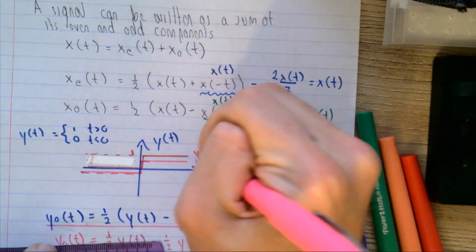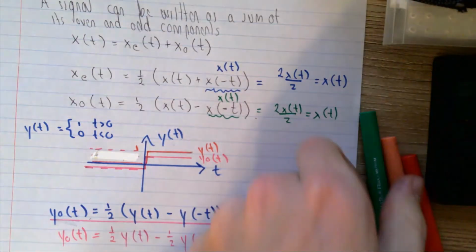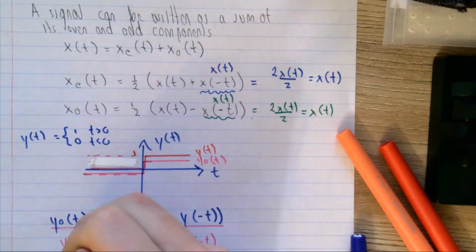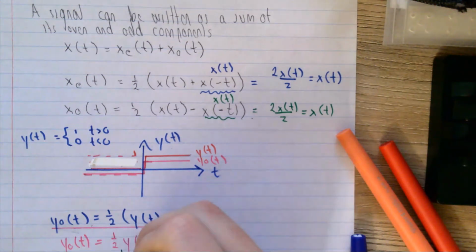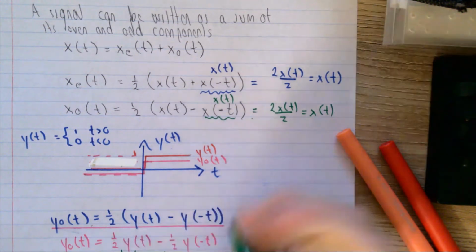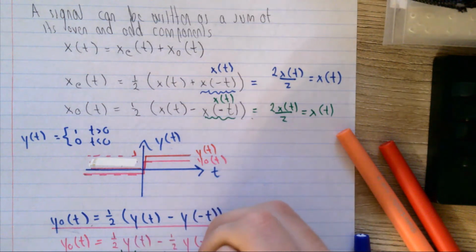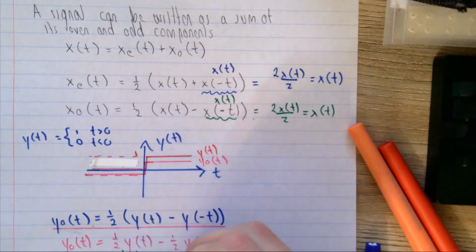Now let's do the even part of the signal. So the even part of the signal, y e of t, is going to be equal to 1/2 times y of t plus y of negative t. So distribute it out, and what you're going to get is 1/2 y of t plus 1/2 y of negative t.